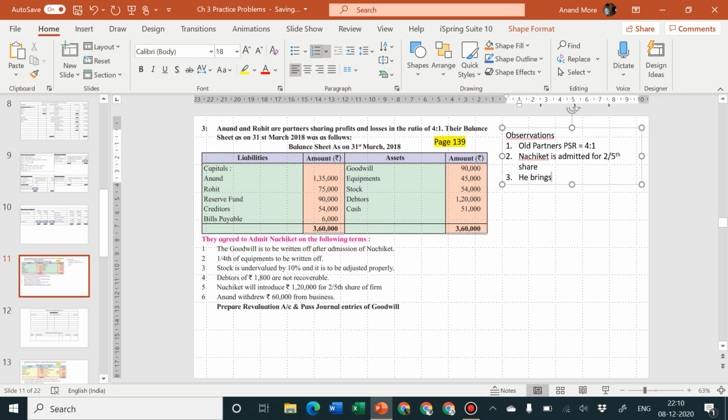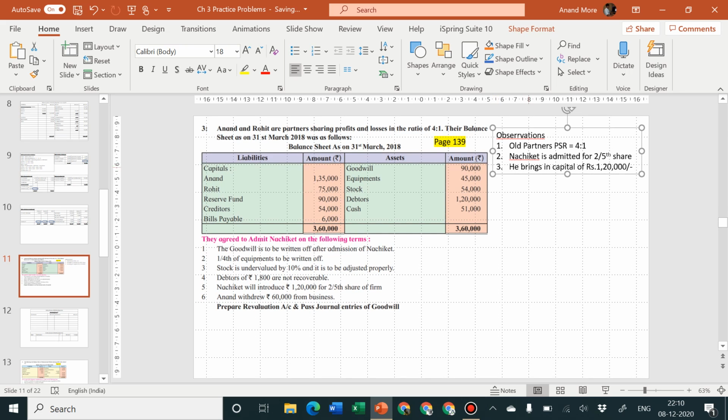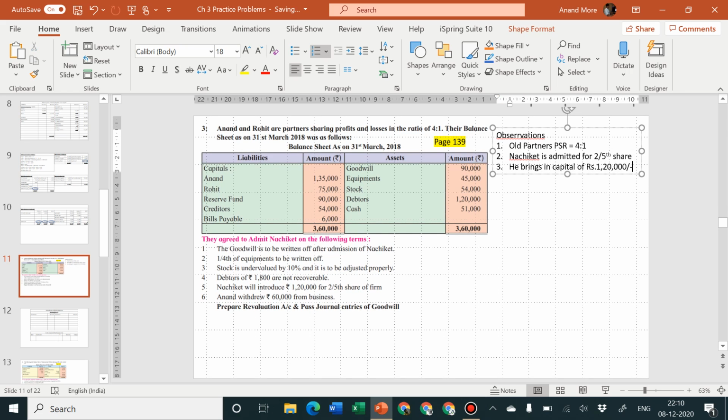He brings in capital of rupees 1,20,000. He does not bring in any goodwill.